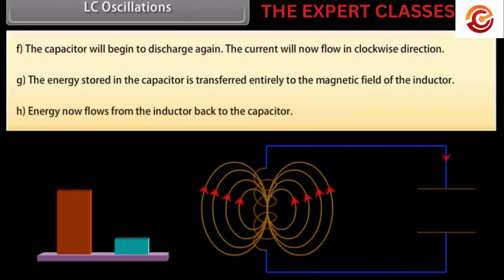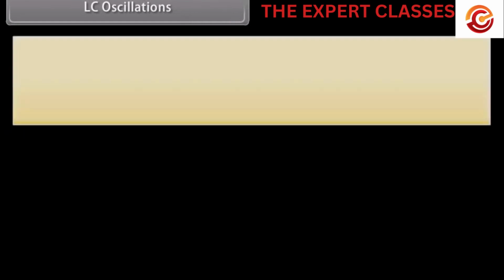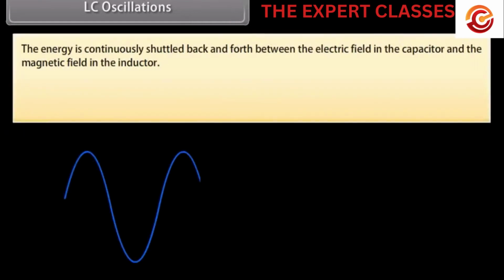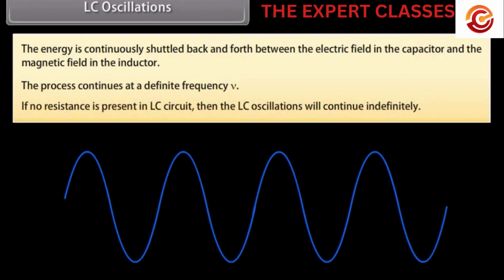Energy now flows from the inductor back to the capacitor. The energy is continuously shuttled back and forth between the electric field in the capacitor and the magnetic field in the inductor. The process continues at a definite frequency V. If no resistance is present in LC circuit, then the LC oscillations will continue indefinitely.